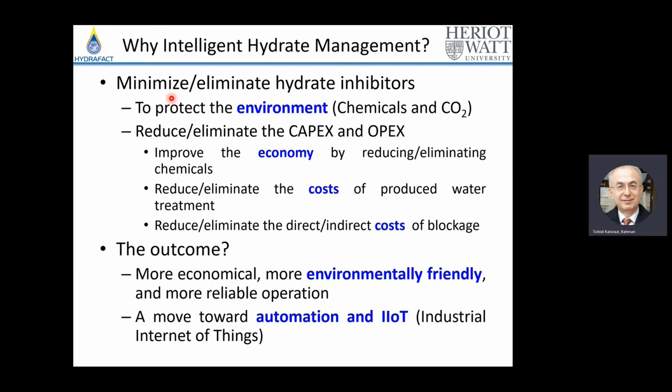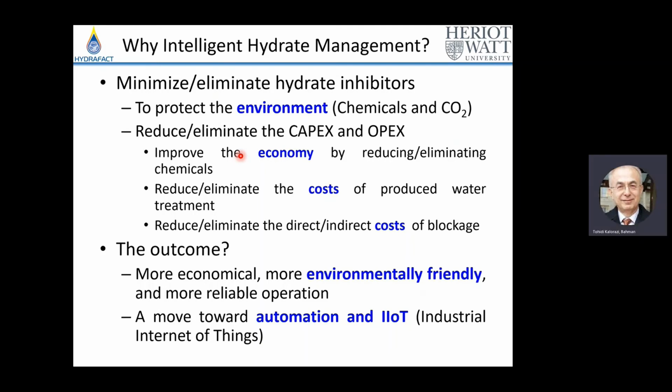So minimize, eliminate hydrate inhibitor to protect the environment. Then we need less production of chemical and less CO2 production. Reduce and eliminate CAPEX and OPEX. If you reduce the chemical, operational costs will be reduced.